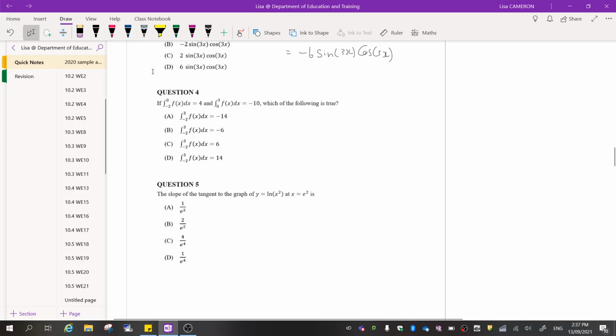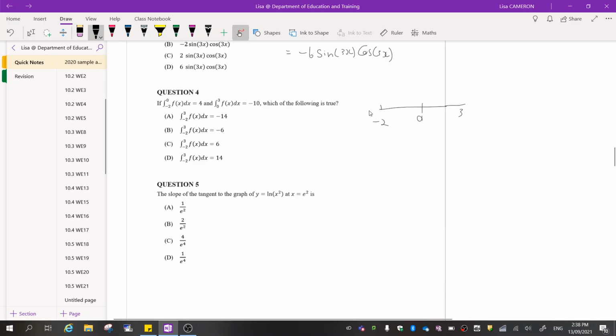Okay, number 4. I do have some questions about number 4, just because they're not doing exactly what I would think they would do. So here they're saying if this is equal to 4 and this is equal to negative 10, which of the following is true? If I graphically represent this, here's my number line, there's 0, there's 3, over here there's negative 2.